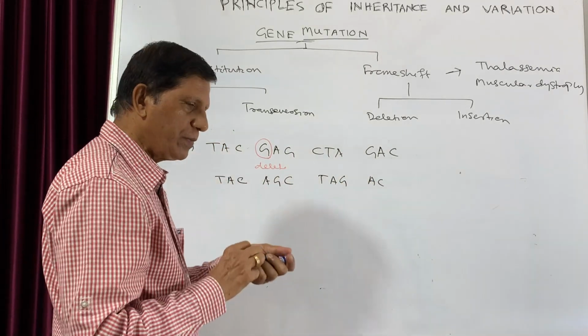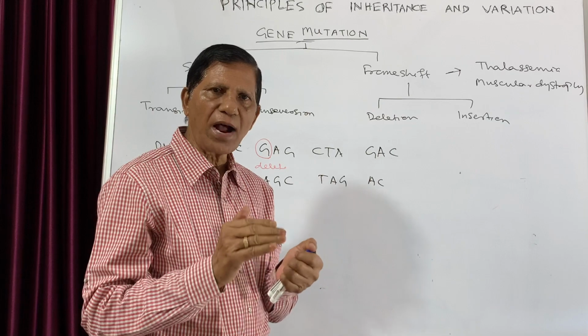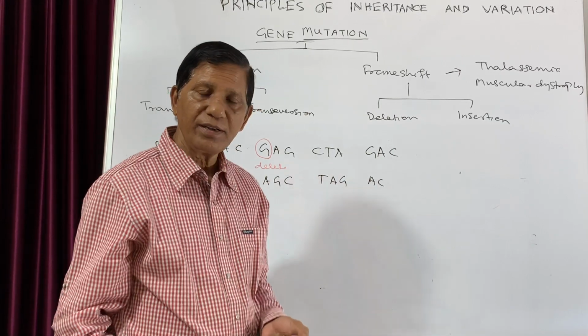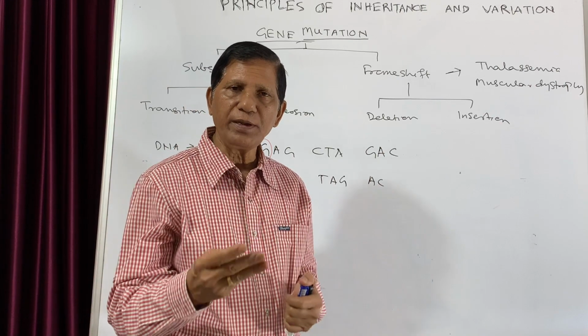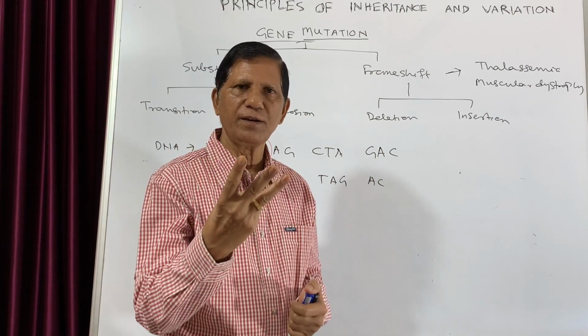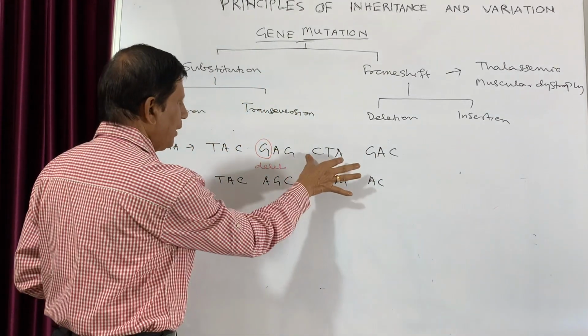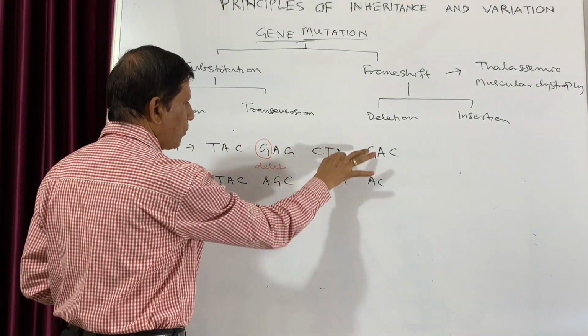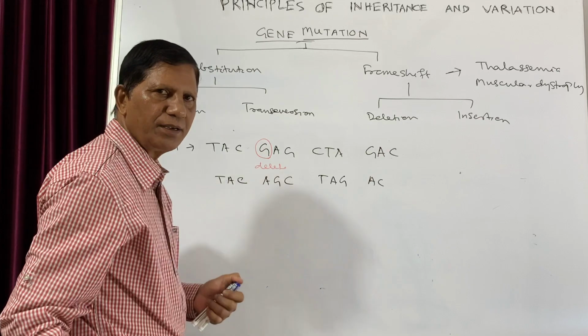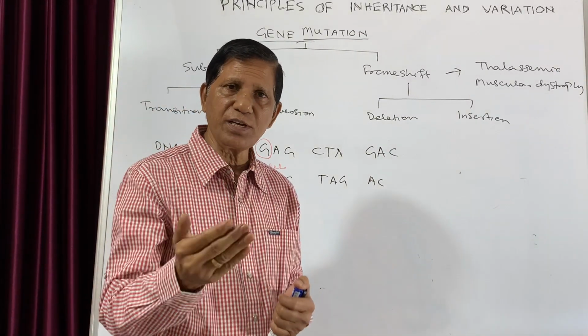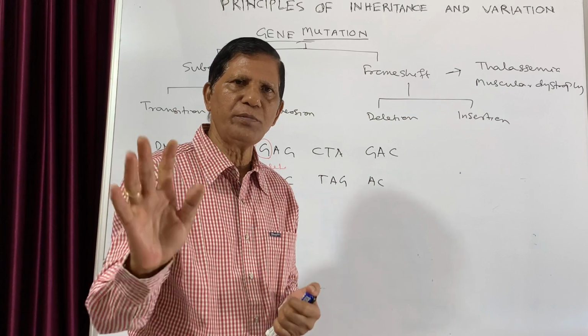So when there is deletion of 1 or 2 nucleotides, it will have a far-reaching effect. But if the change is in a multiple of 3, then it will have less effect. Because with a multiple of 3, the codon will be completely deleted, since 3 bases make 1 codon. So if that is changed, only 1 amino acid will be deleted.